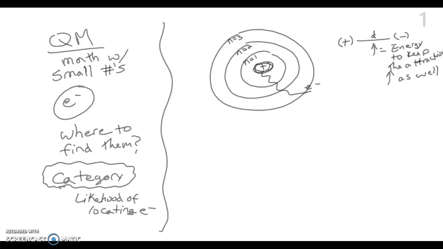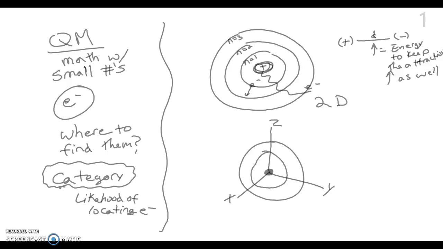We also know that we can move electrons from the inside to the outside by adding more energy, indicating that the second energy level is more stable for more energy than the first, and so on. Well, that's great for 2D, but in 3D, where you have a three-dimensional axis, there's not so much circles. It's spheres. So if that's the nucleus, here's one sphere, here's another sphere, and here's another.